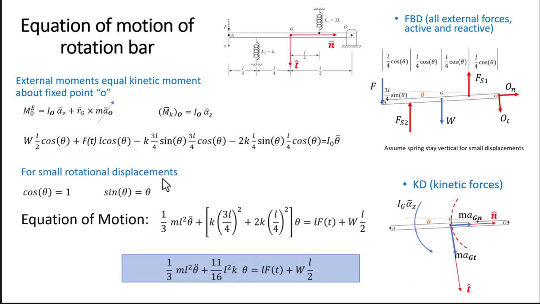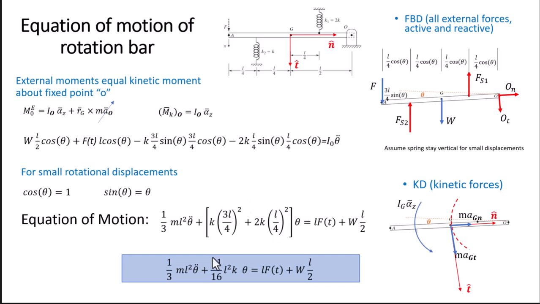For small rotational displacements, we can substitute the cosine of theta by 1 and the sine of theta by theta. And therefore, in this expression right here, we will put all the components that have theta on one side of the equation and all the independent terms on the other side. Therefore, we can write this term as 1/3 ml squared theta double dot.